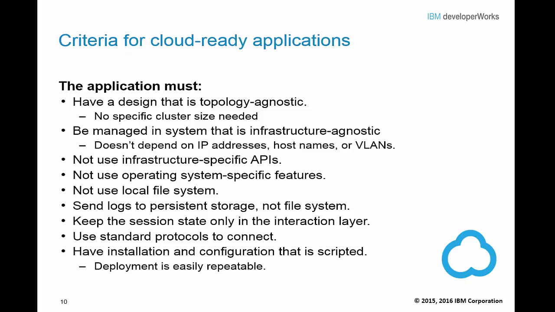Design principles for cloud-ready apps are: don't code your application directly to a specific topology. The host names, IP addresses, and the number of application nodes in use can change at a moment's notice on the cloud. To take advantage of dynamic scaling on the cloud, build your application to be as generic and stateless as possible.